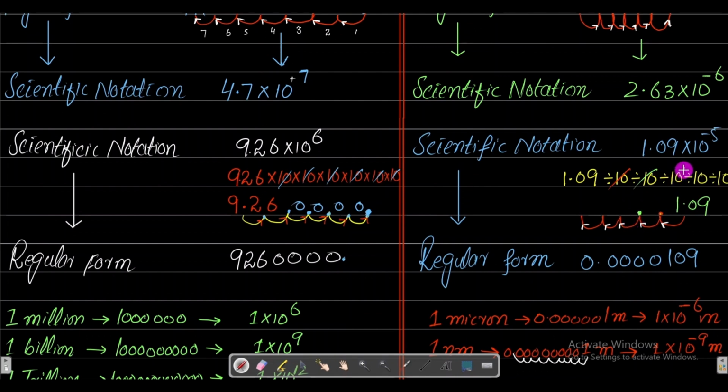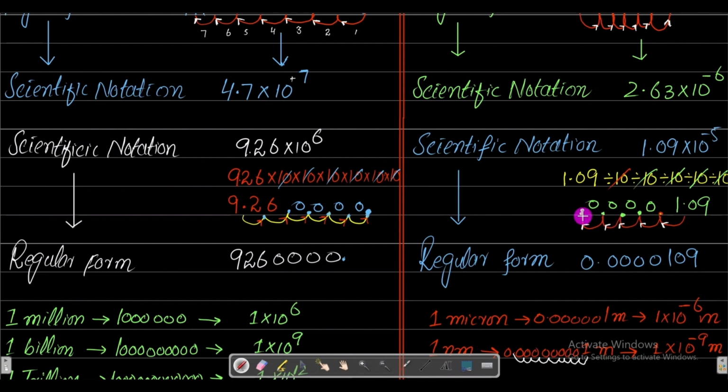And if we divide by the next 10, it takes another step, and similarly for this 10 it takes this step, and for the last 10 division it will take this step. Now the point is shifted from this position to this position, and in between for each step we will write 0. So this is 0 0 and 0, okay.